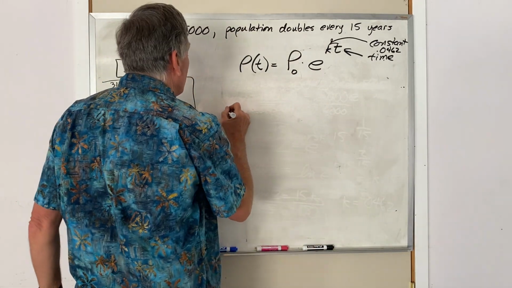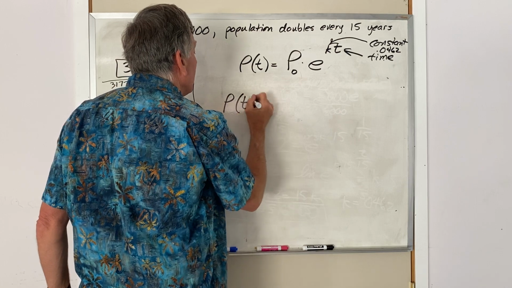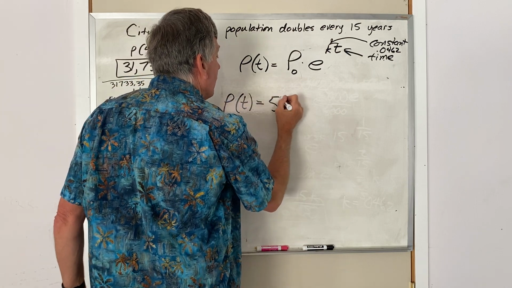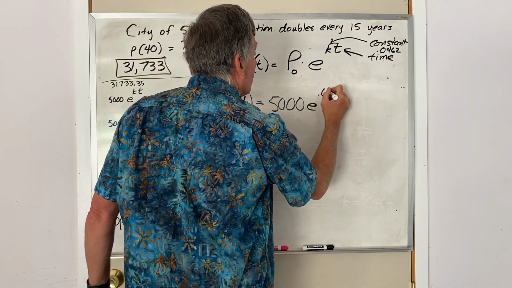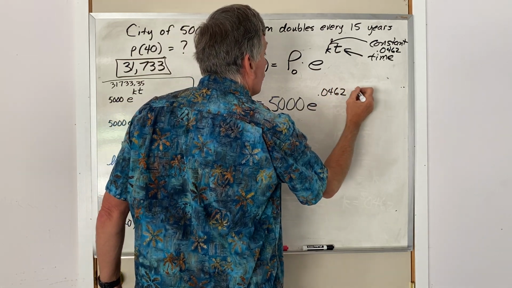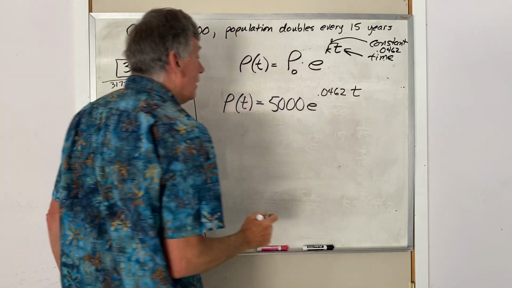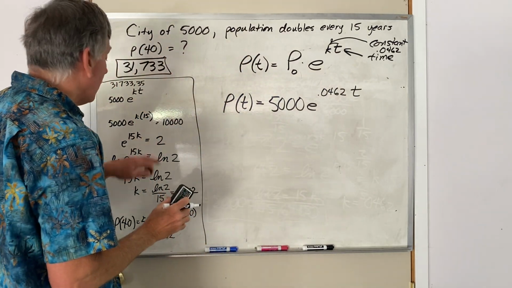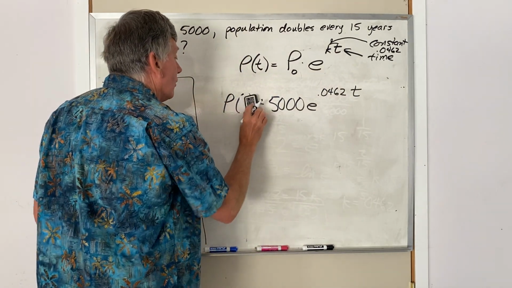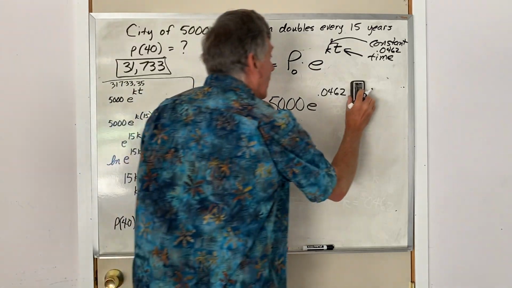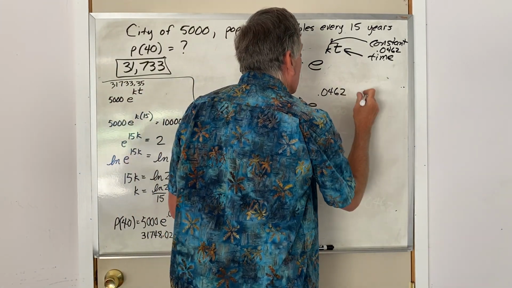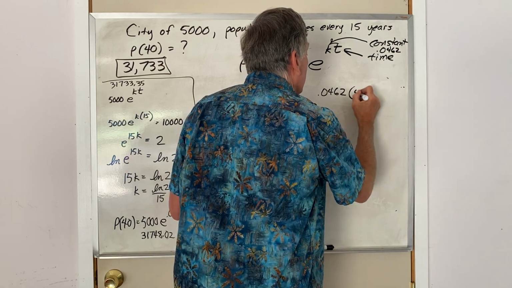So I now have my equation: P of t is equal to 5,000 times e to the 0.0462t. And now I'm going to find out what it is for 40. So I'm going to put a 40 in the slot, right here.